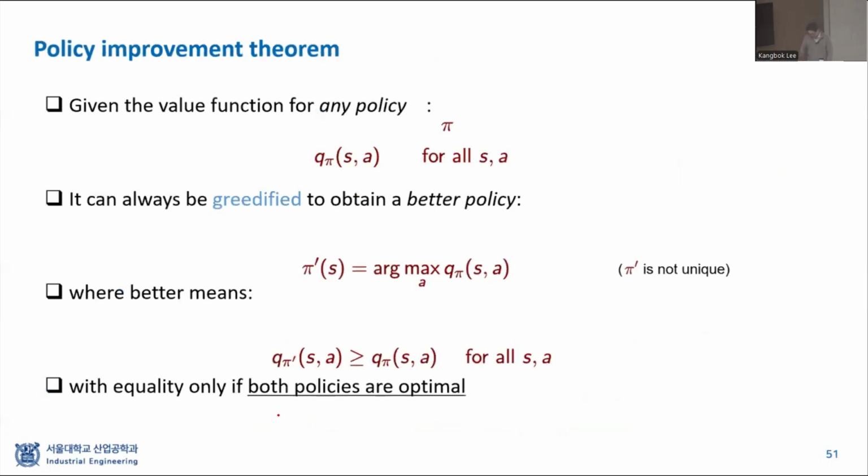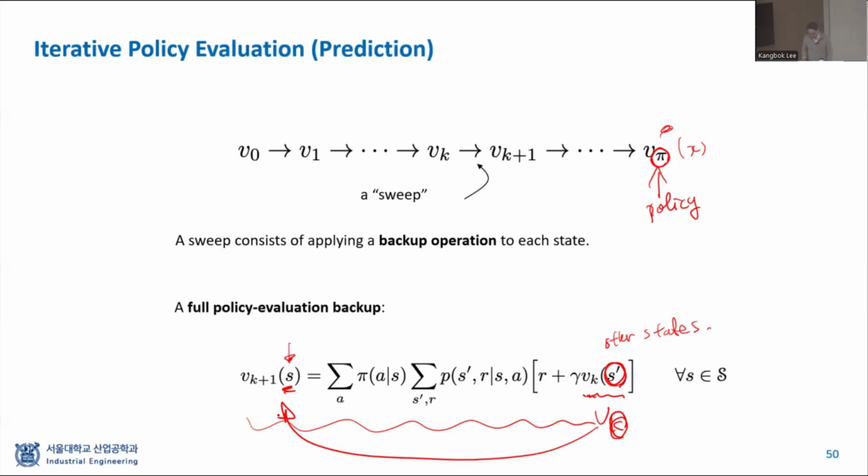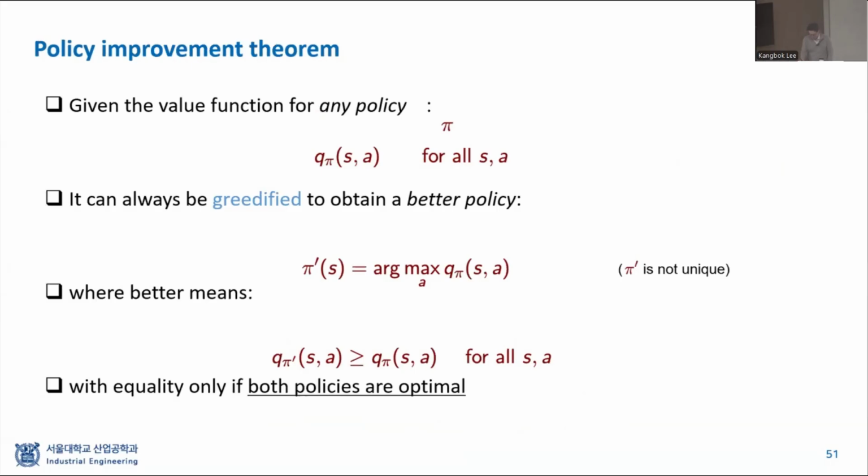Once we obtain this value function, we are able to calculate this Q function for a given policy. The policy is obtained by maximizing this Q function of S, A, and then we obtain the pi function, and the pi function will give you another action value function at the same time.